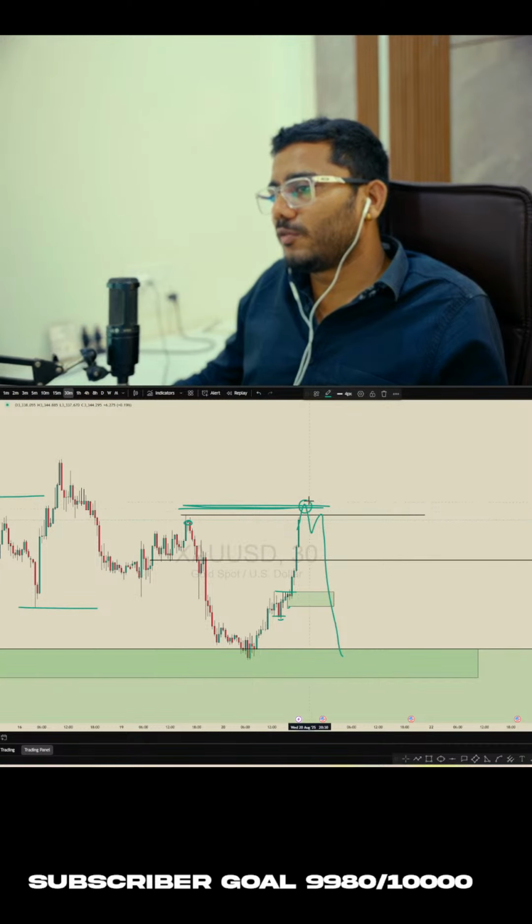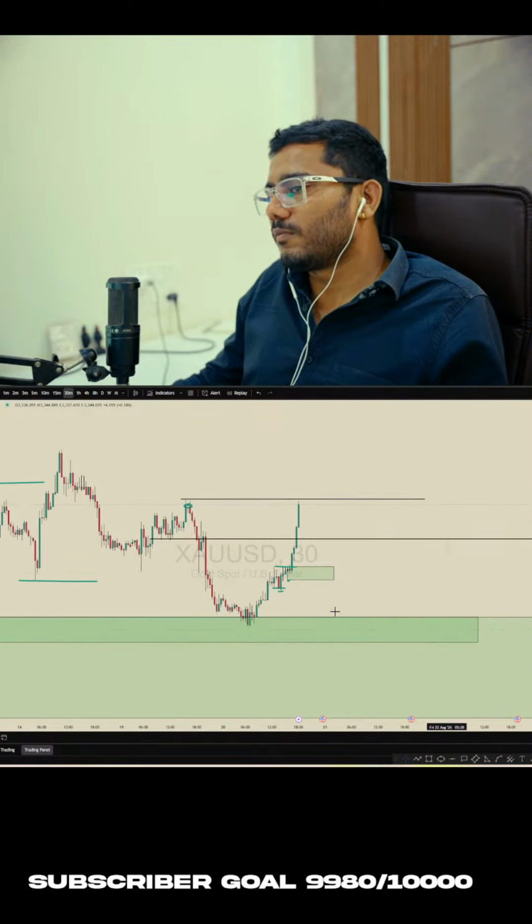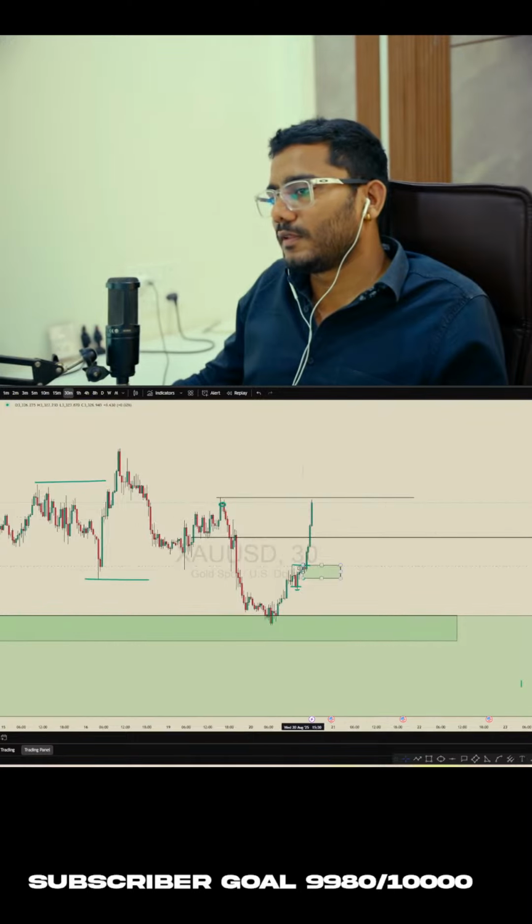Because you are taking more liquidity from this side than going from this order block. Because price goes from sweeping one liquidity to the other side. That's the logic, right?